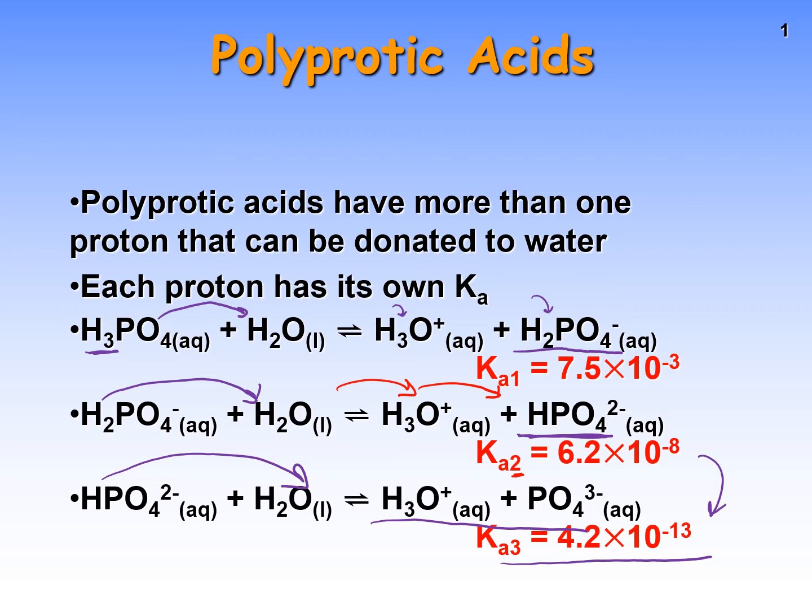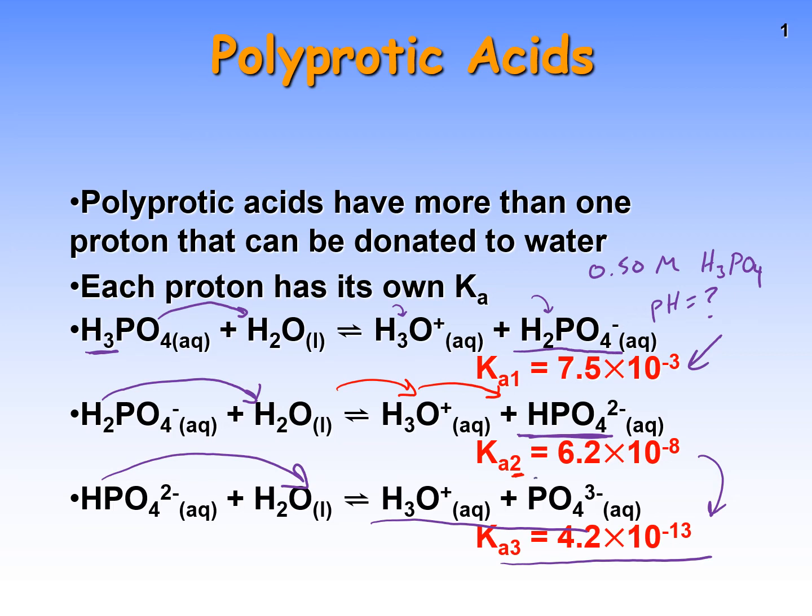Now, if I were to give you, hey, we have a 0.50 molar solution of H3PO4, what's the pH? We would treat this like a weak acid mixture, and really we only care about this first Ka to calculate pH.